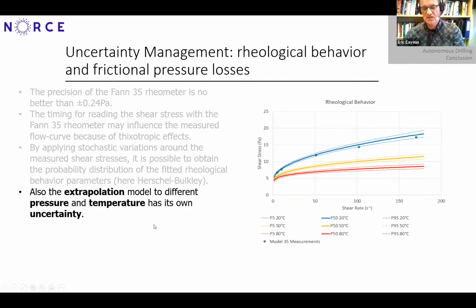And of course, you need to extrapolate those FANN 35 rheometer measurements, which have been made at 50 degrees Celsius and atmospheric pressure, to different values of pressure and temperature, and also with a different composition, especially when you are transporting cuttings, as it changes the apparent rheological behavior of the fluid.